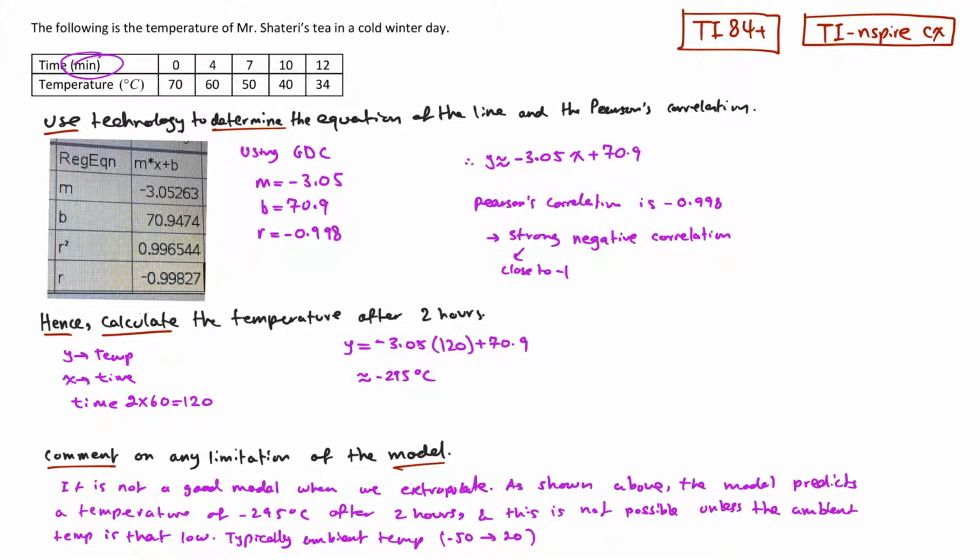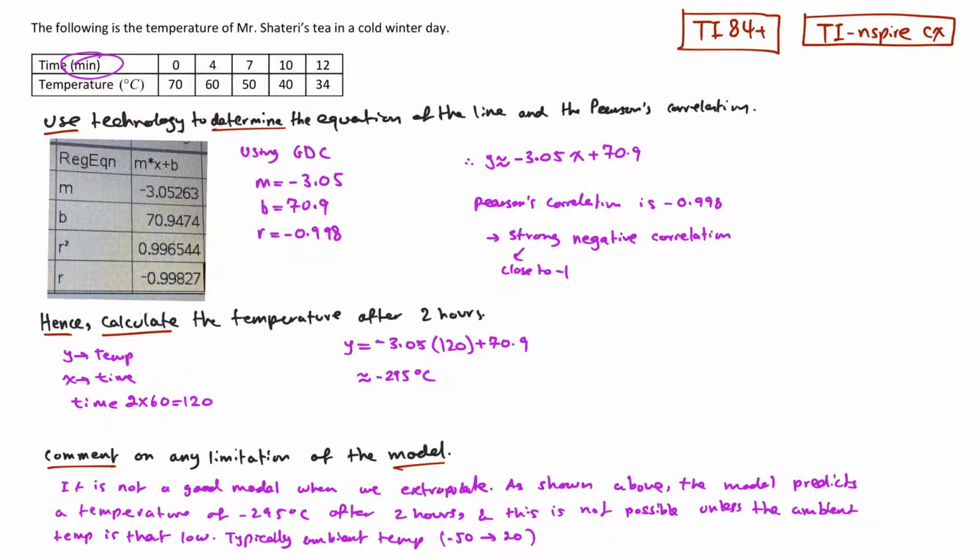And make sure that you know how to use your calculator to find the equation of the line. Linear regression is using a model to represent the data, independent and dependent data. Here we're using a linear one, and we're getting y is equal to mx plus b, and that's the model that we're using over here.